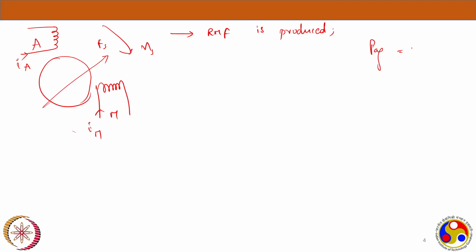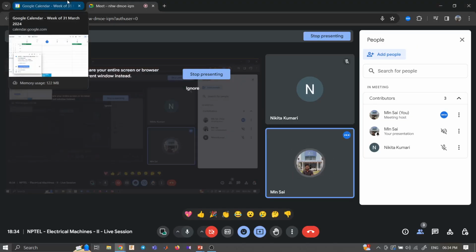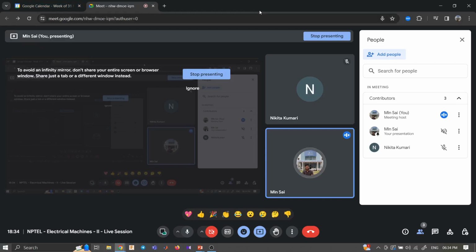The three-phase family will have three times the I square R loss, but since it's a two-phase, it will be two times the I2 dash square multiplied by R2 dash by S. Now the two here refers to the number of phases. It's a two-phase motor, so definitely it would have two times the I2 square R2.